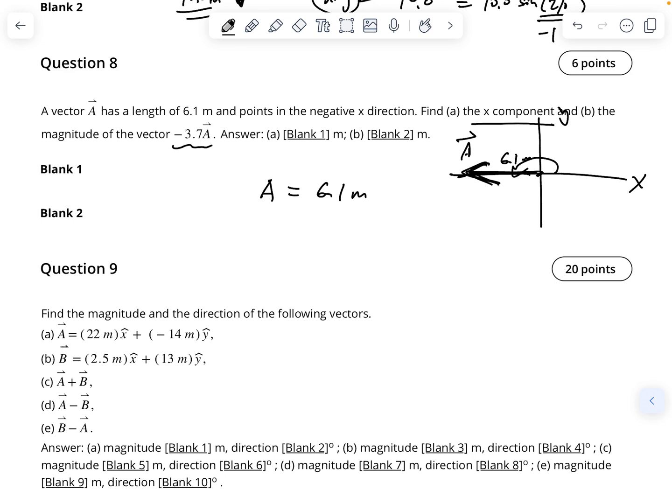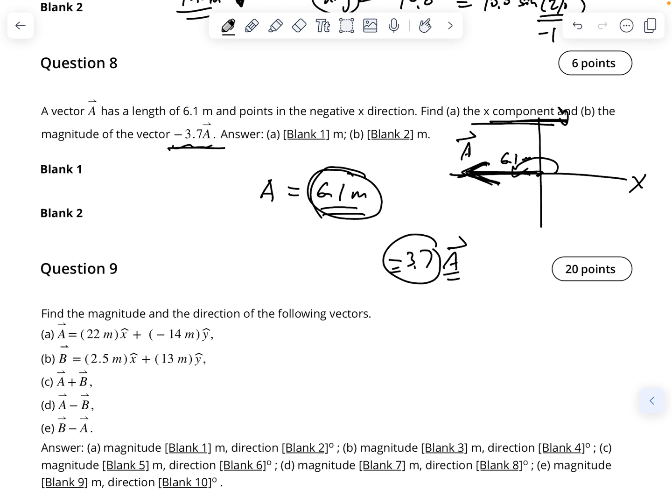Find the x component of this guy. What is this guy? Negative 3.7A, right? So you multiply by 3.7, and the negative gives you the direction.